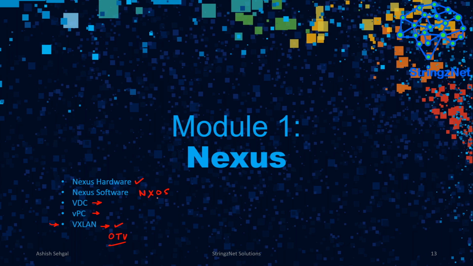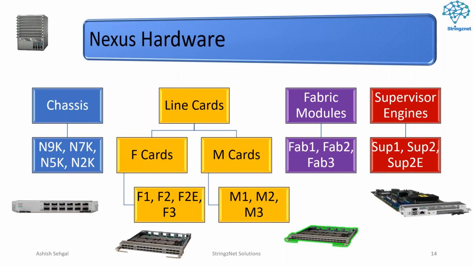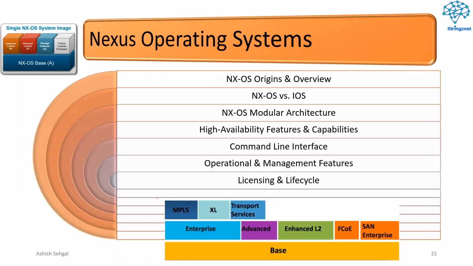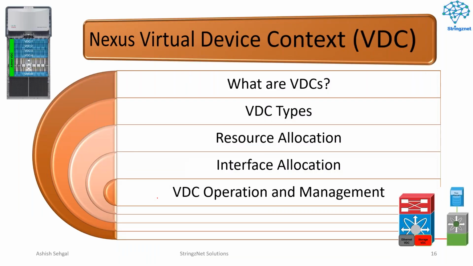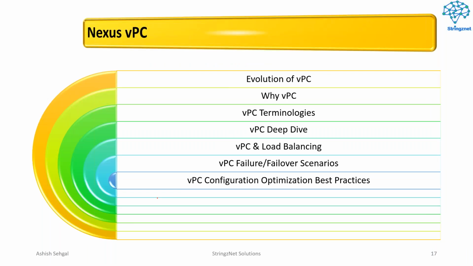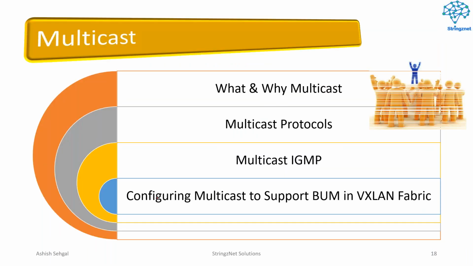All right. Once a more granular question comes, then I will tell you what all we are going to talk about in Nexus. Multicast. Yeah, I wanted to tell you that we are going to talk about multicast as well. Why multicast?